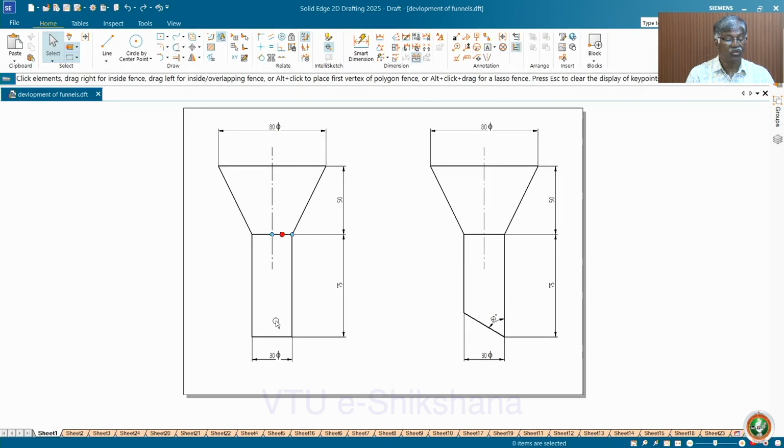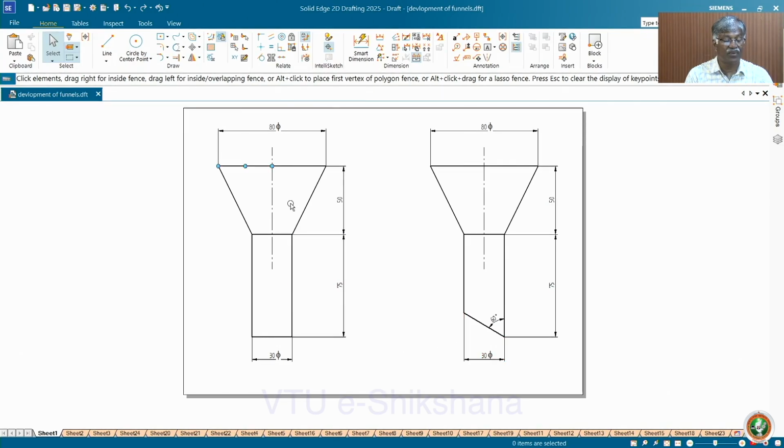Okay, so you know how to draw the development of the cylinder. Parallel method, you will get a rectangle, that's all. So the height of the development is the height of the cylinder, that is 75 in this case, and the perimeter is pi d or 2 pi r, that you know.